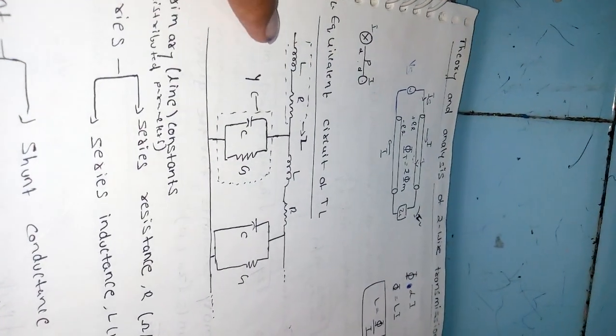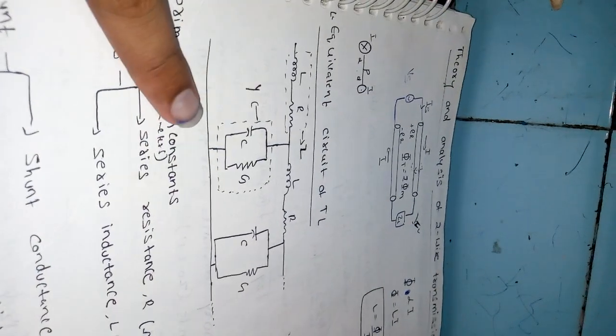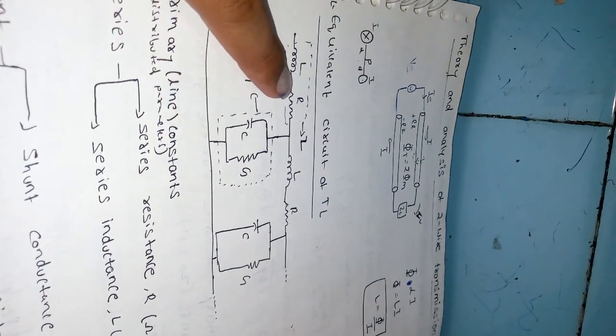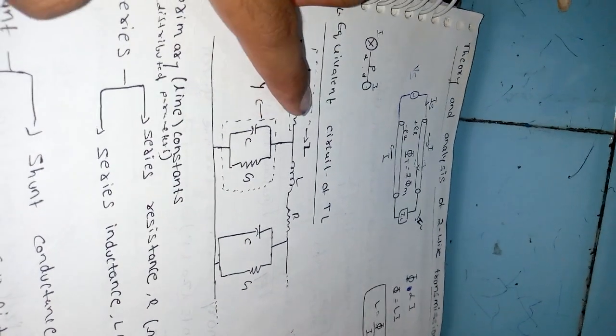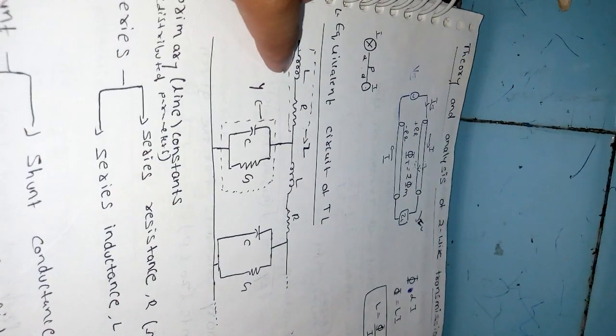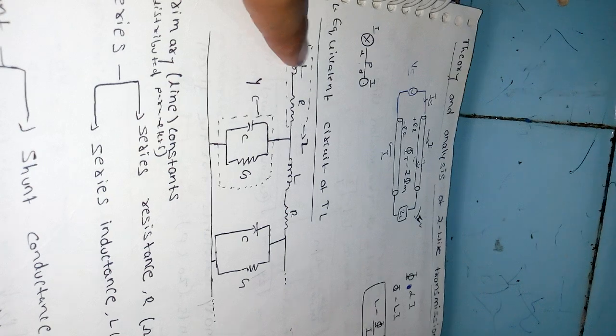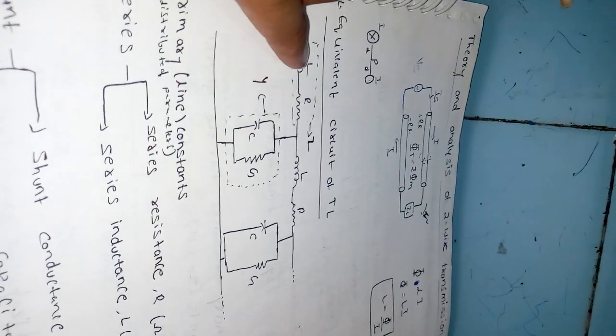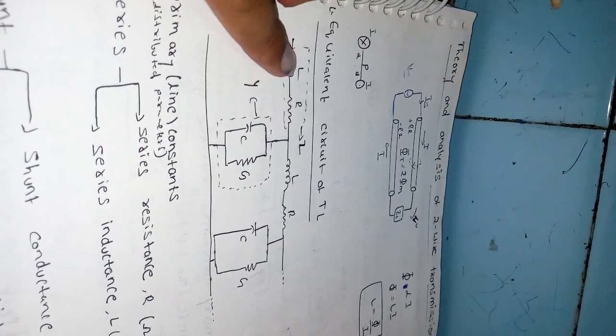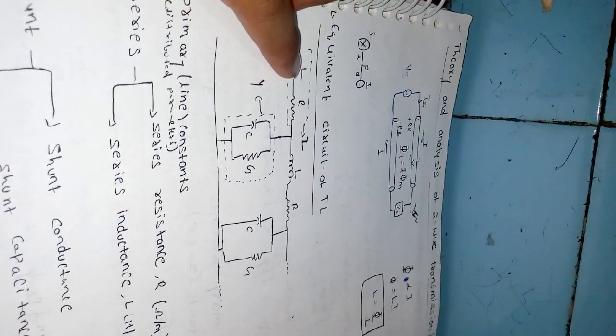Equivalent circuit of a transmission line. Every transmission line can be represented like this. The transmission line has some resistance, which is represented by R. It also stores some energy, so a series inductance L is used.